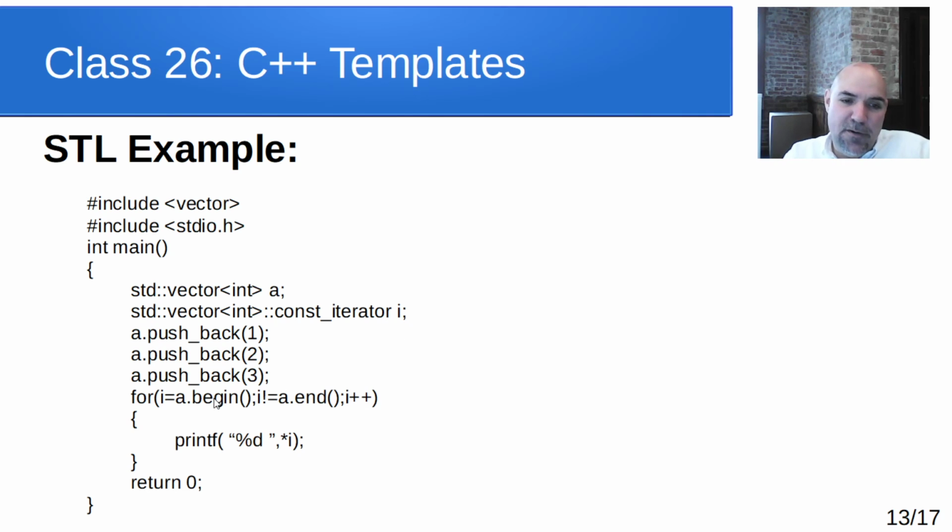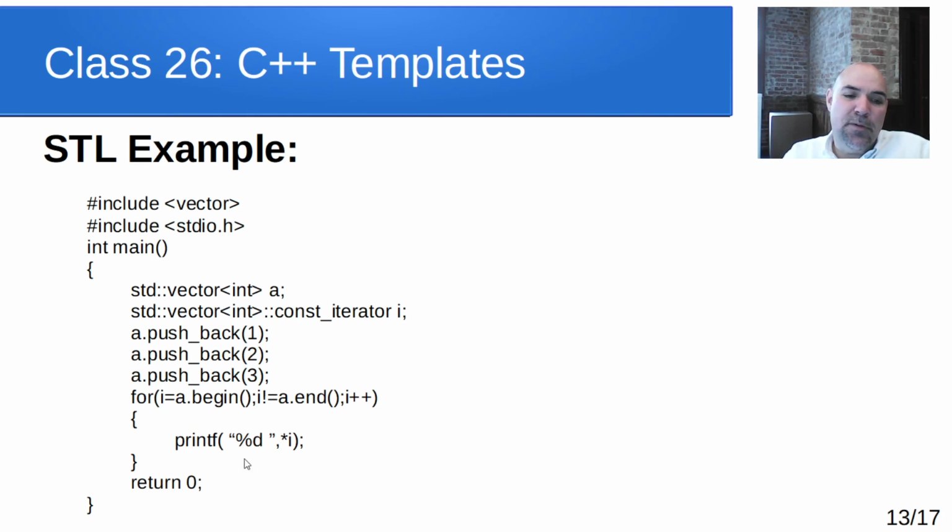So the iterator here, a.begin is the beginning of the list, and a.end is the end of that vector. What we're doing is saying, hey, start the iterator at the beginning, and while that iterator is not at the end, increment it. And what are we going to do each time?